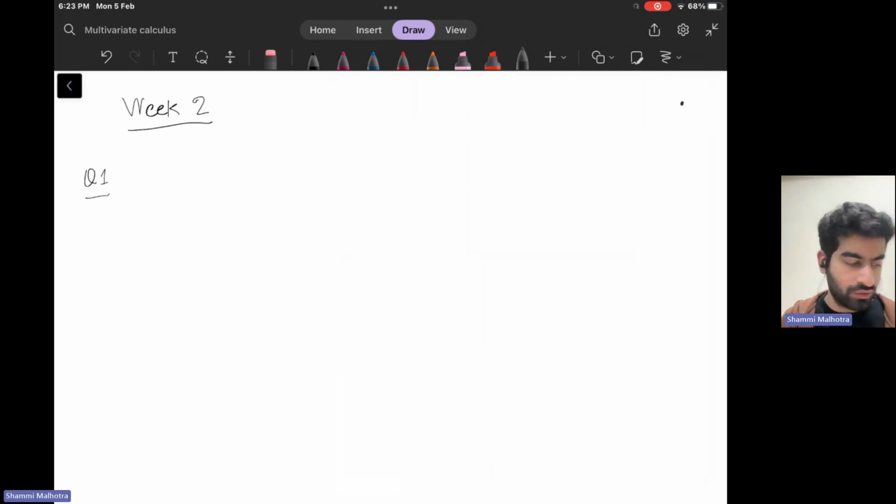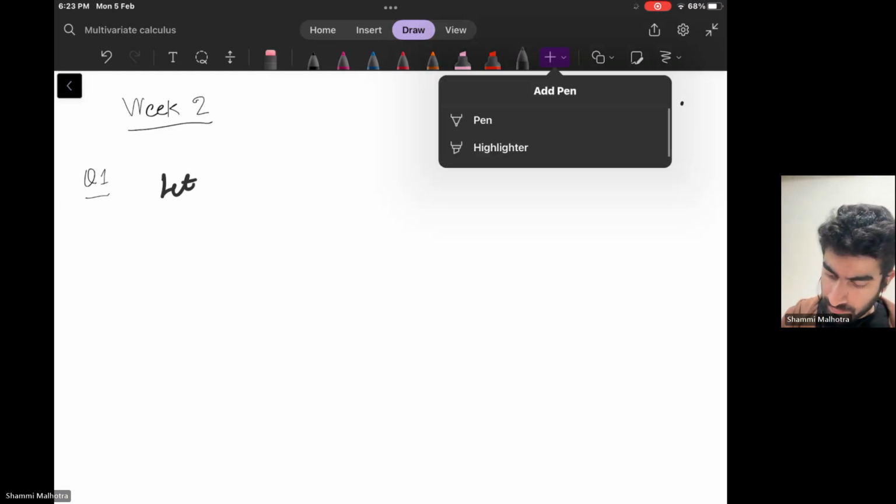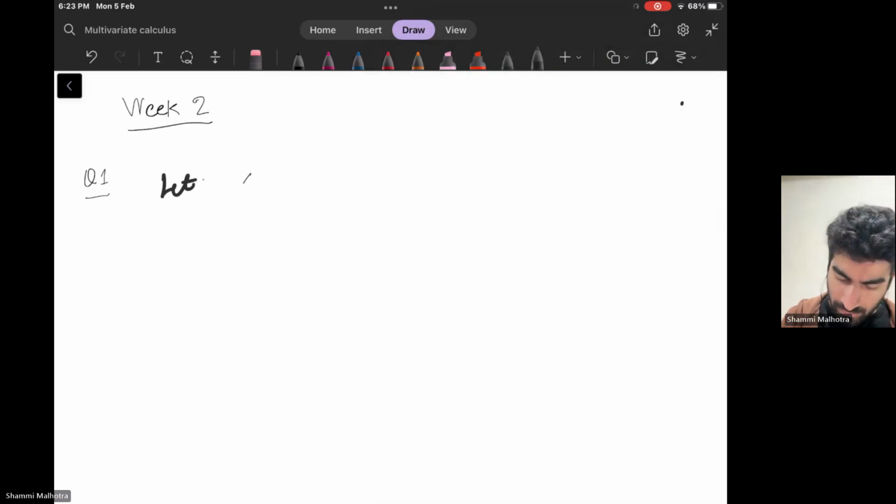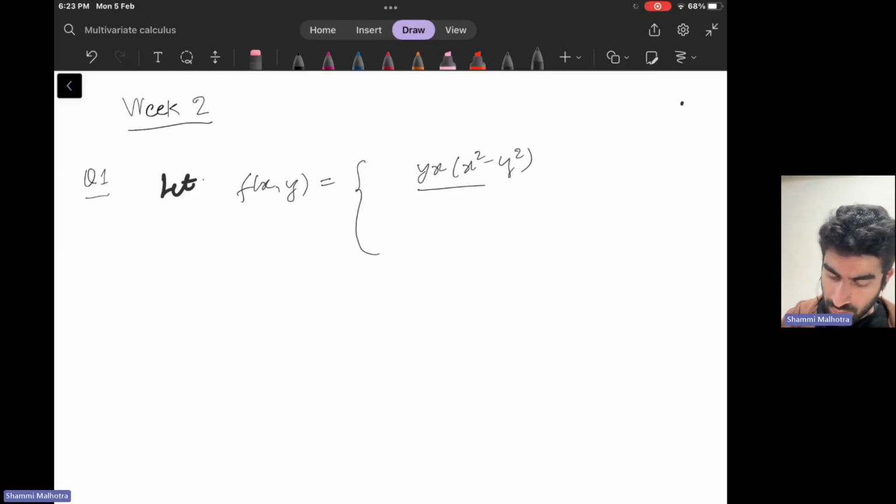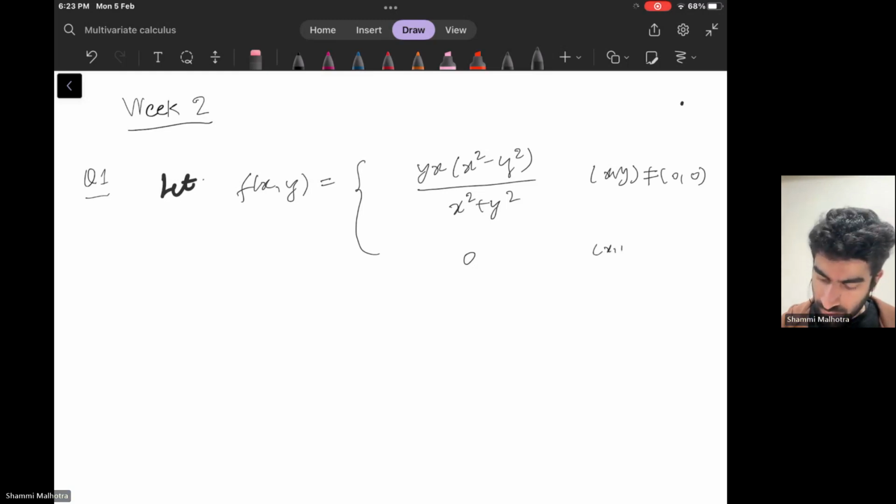So let's start with question number 1. We have a function given as f(x, y) equal to xy times (x squared minus y squared) whole divided by (x squared plus y squared), for all those cases where x and y are not equal to (0, 0), and 0 when (x, y) is (0, 0).